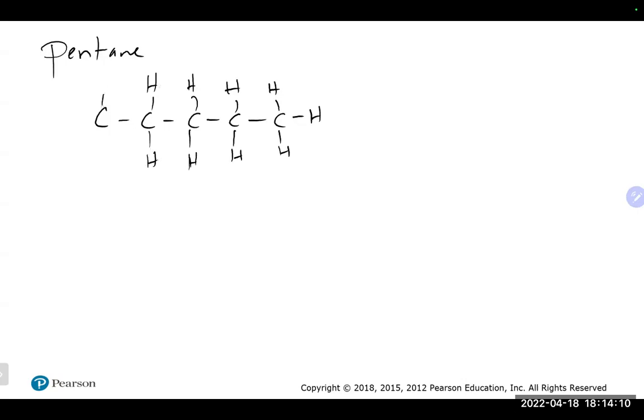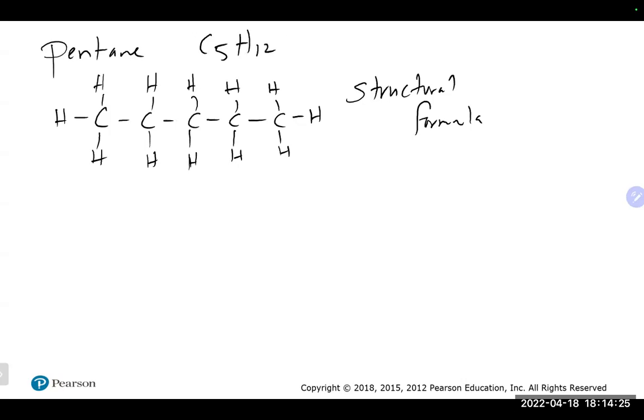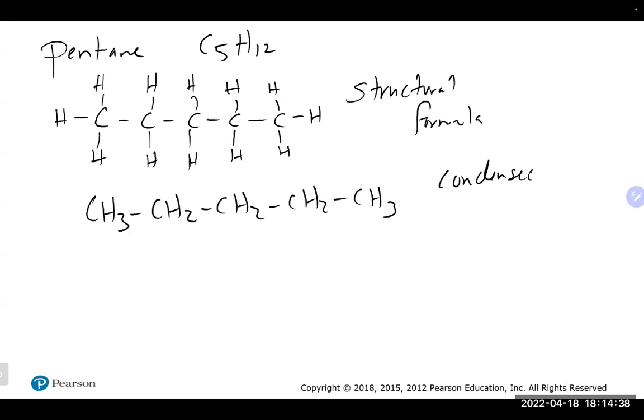What I am drawing would be the structural formula. And again, that is our C5H12. You could write CH3, CH2, CH2, CH2, CH3, which would be our condensed formula.